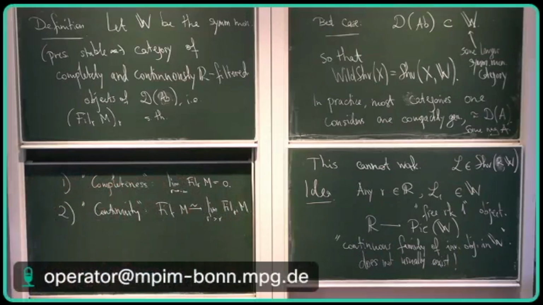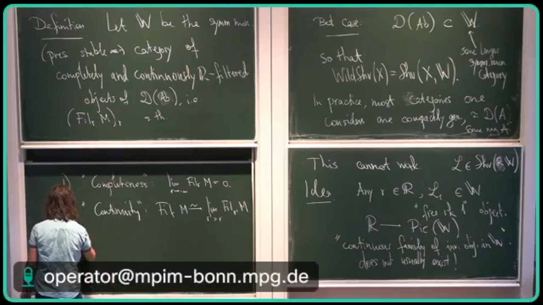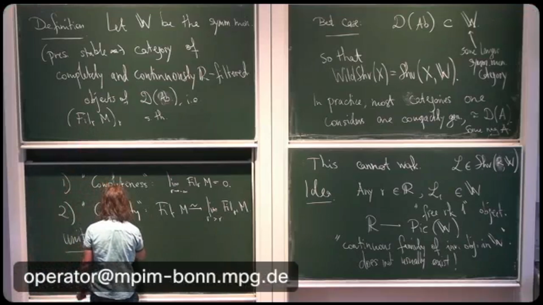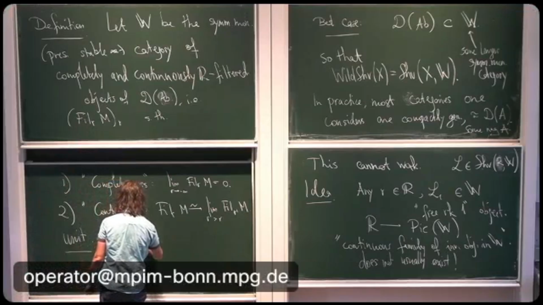And there is some kind of canonical way to put a tensor structure on this, in the usual way of tensoring filtrations. And so, for example, the unit is something I will call Z(0).